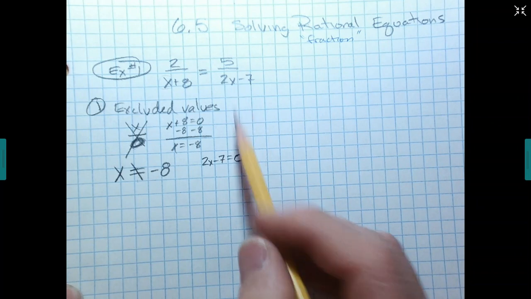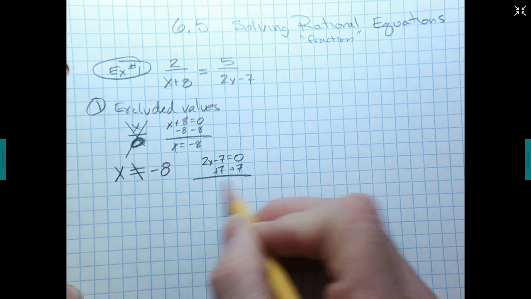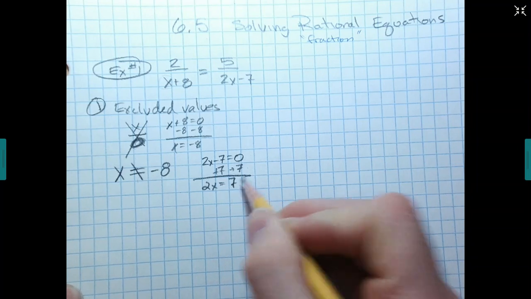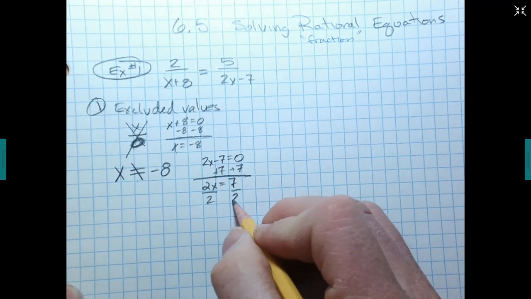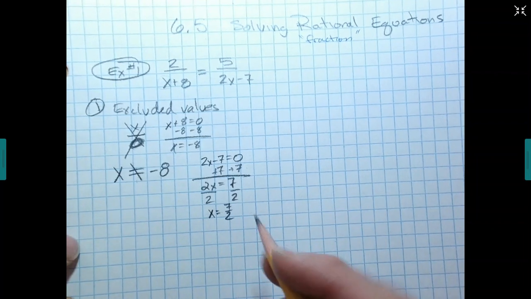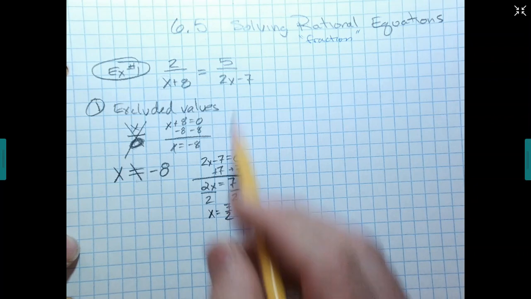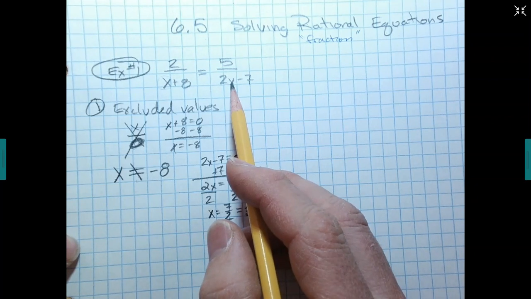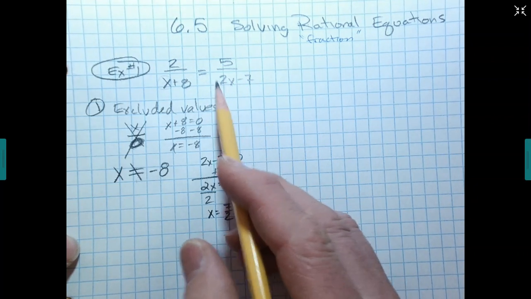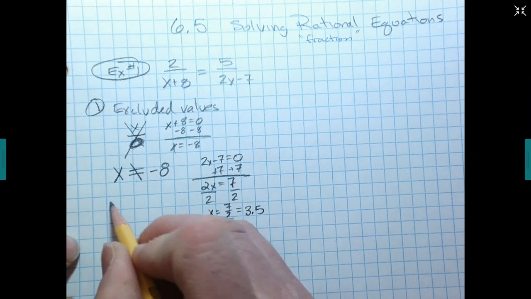The other excluded value would be to get this denominator to equal 0. Using standard algebra, I end up with 7 over 2. 7 divided by 2 is 3.5. So if I plug 3.5 into here, this would be 0, and I cannot have a 0 in the denominator.